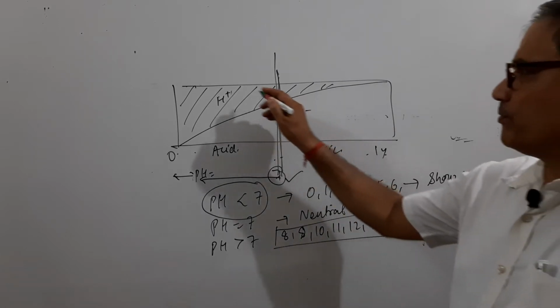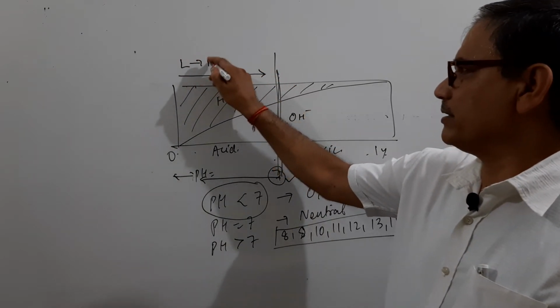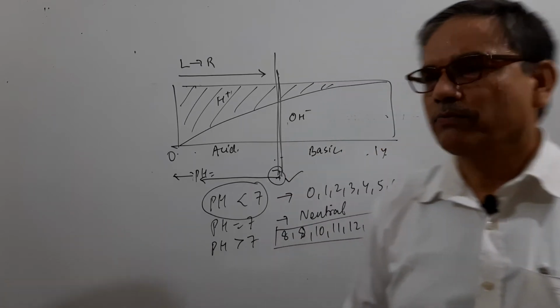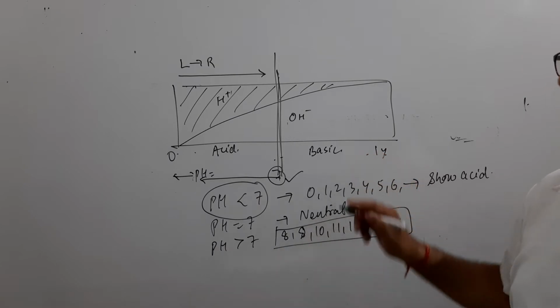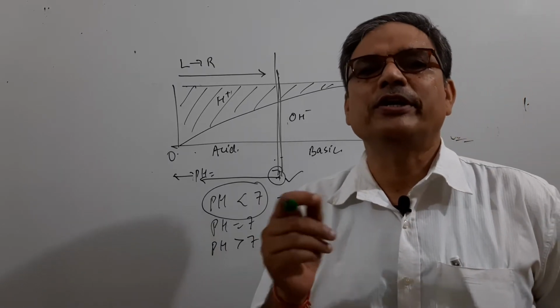From left to right, the hydrogen ion concentration will decrease, meaning the acidic nature of the solution will decrease.